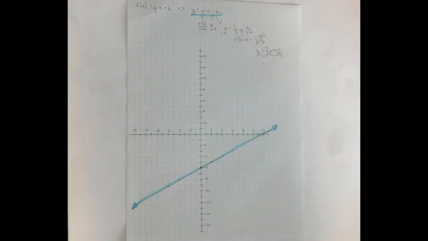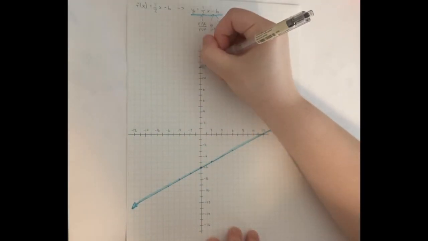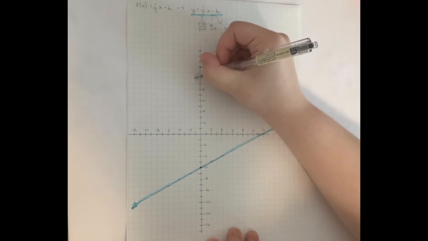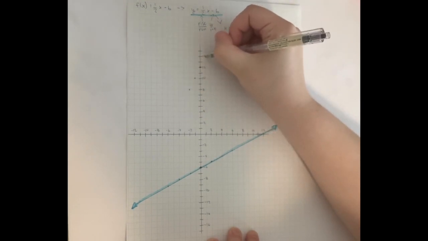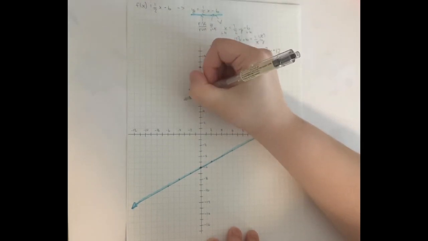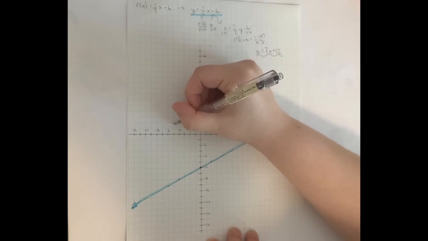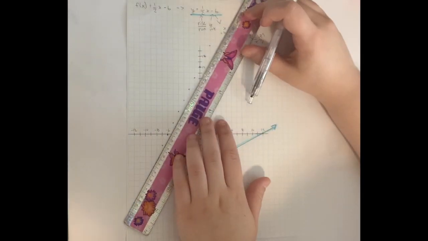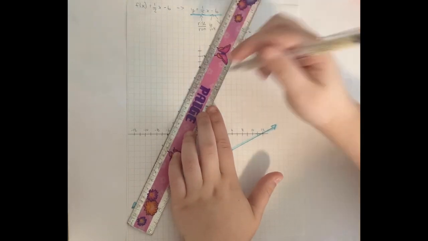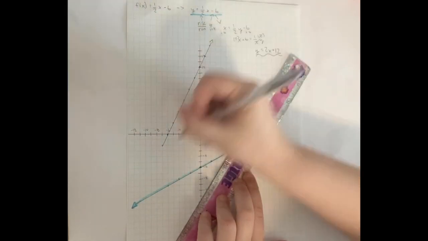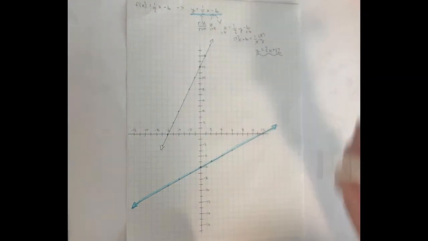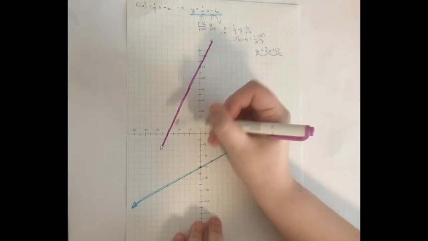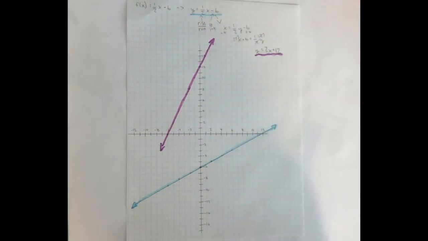And I'm highlighting to show the difference. So here I find the y-intercept, and then I'm doing the rise over run method. And now I'm just graphing the line. And highlighting it to show the difference between the inverse and the non-inverse.